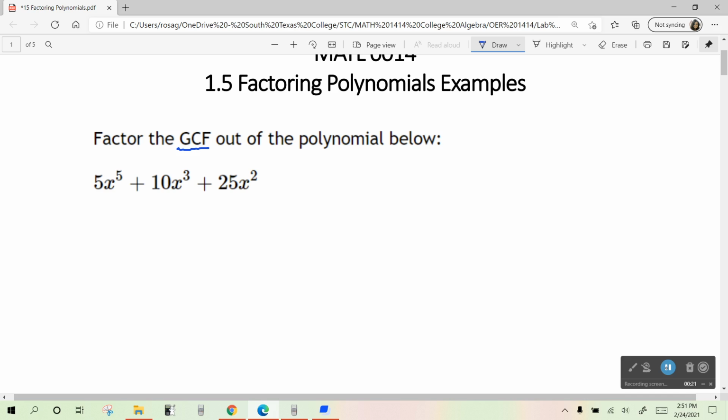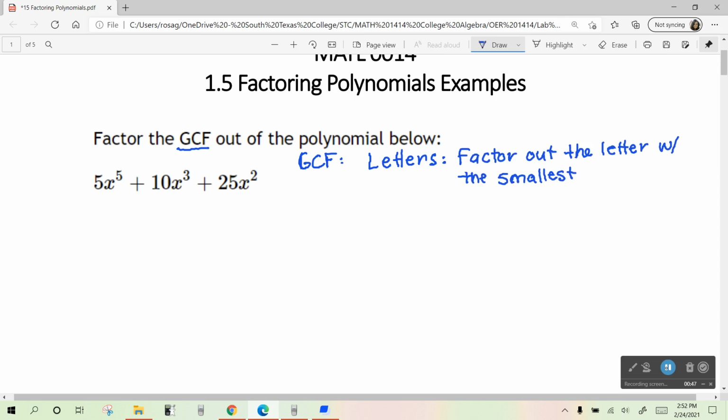So when it comes to the letters, you always factor out the letter with the smallest power that all the terms share.